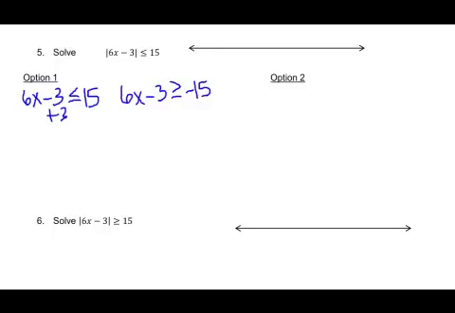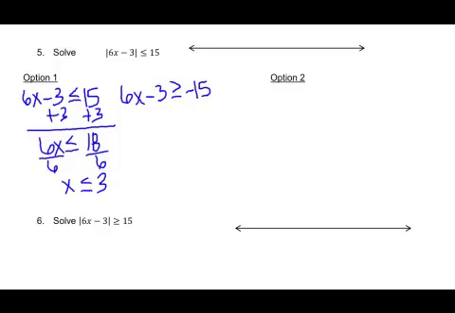So we're going to add 3 to both sides. 6x is less than or equal to 18. Divide by 6. X is less than or equal to 3. And then our second case, same steps as before.